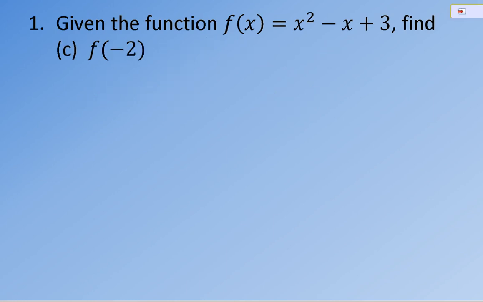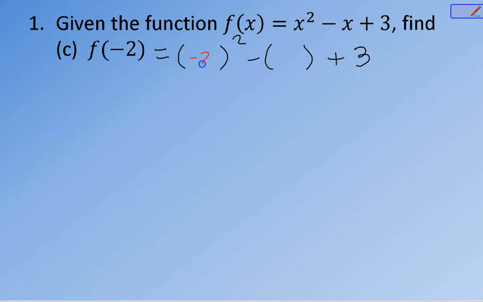Moving on. We're still reviewing things we already know. Let's plug in the f of negative 2. Now here's where it becomes really important to open up those sets of parentheses when we remove our x, because we're plugging in a negative, and sometimes if we're not careful, we'll mess it up.